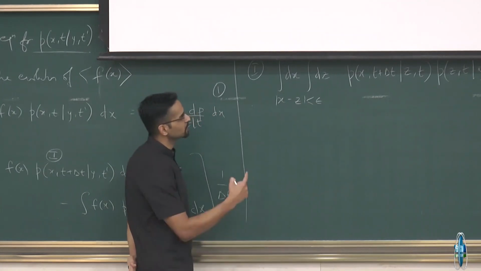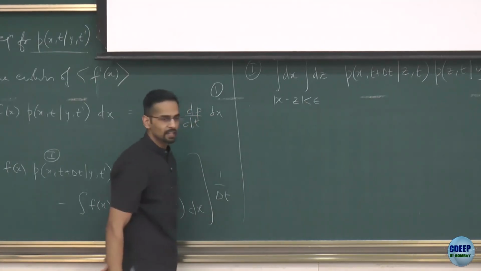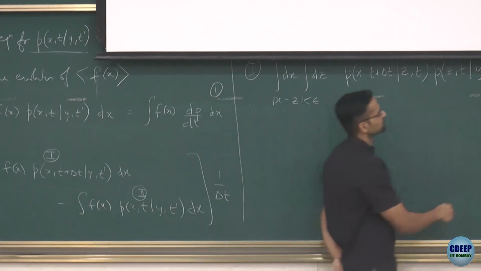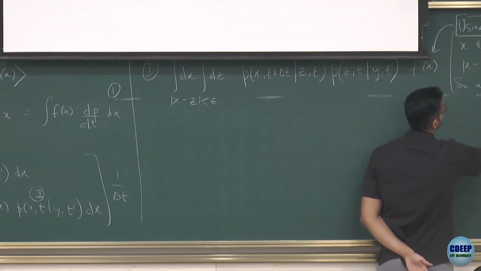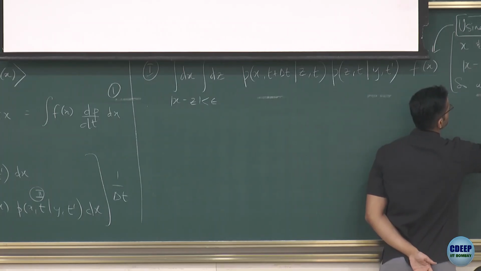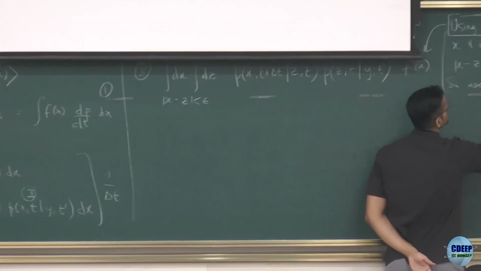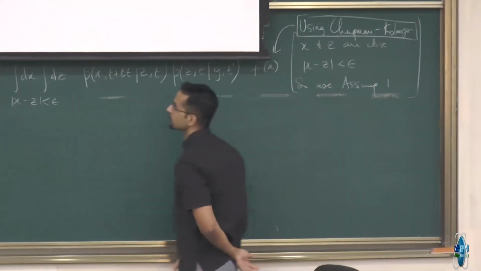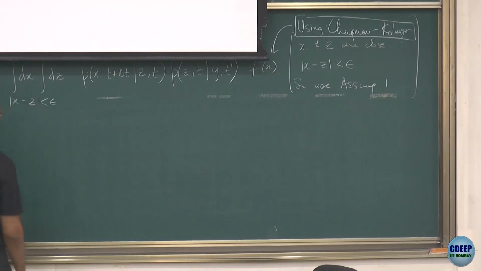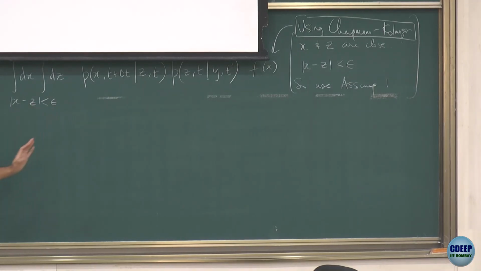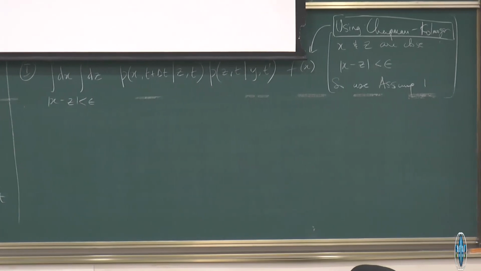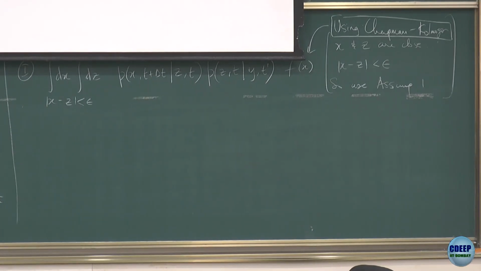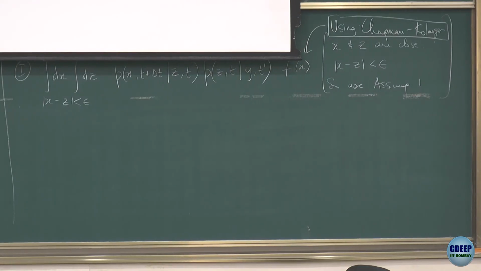So I did two things. I used Chapman-Kolmogorov and I used assumption 1 to restrict the integral, because I know outside that there is no transition probability. Okay, good.